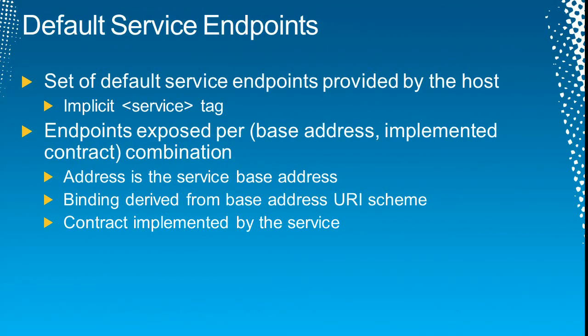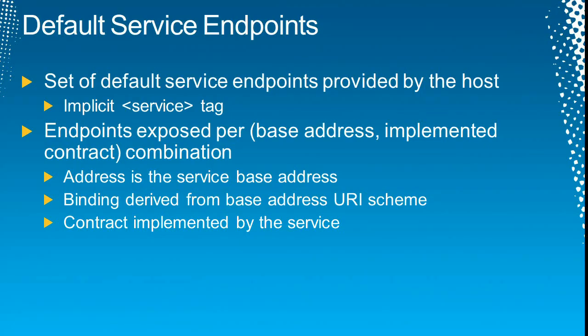The address for the endpoints that you get comes from the base addresses of the service. Generally, the host of your service provides base addresses that are sort of the root addresses that your service listens on. In my case, I was just listening over HTTP. That's really all the ASP.NET development server does. But you could have a service that you've configured the host to enable HTTP and TCP or HTTP and HTTPS.